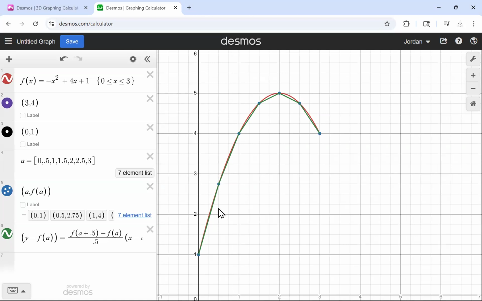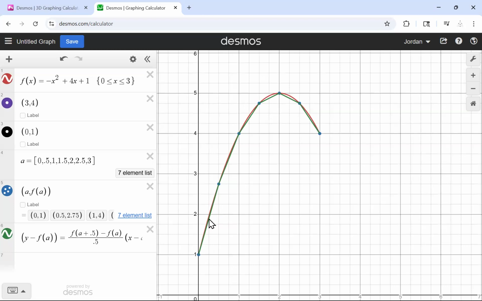And then if I take more and more points, if I don't just jump by 0.5, but jump instead by 0.1, then it's going to be an even better approximation. I just keep doing that over and over, taking that limit.